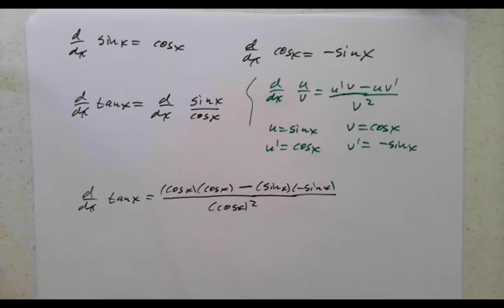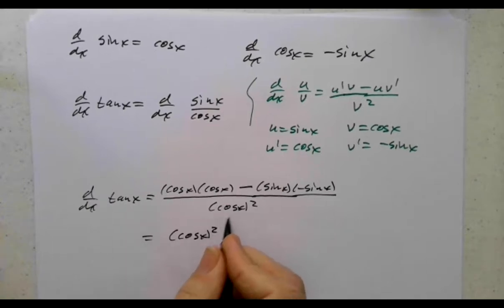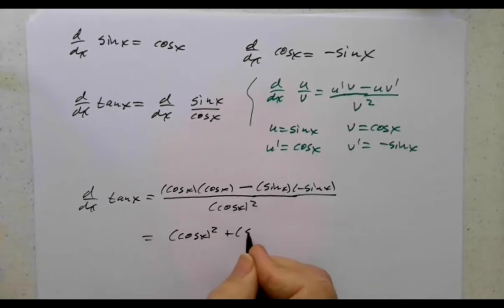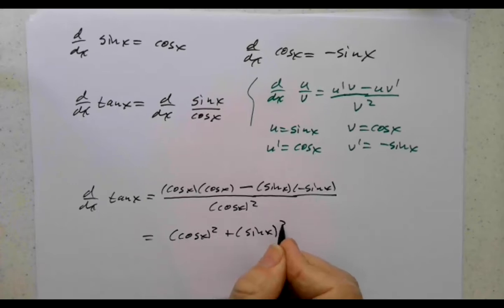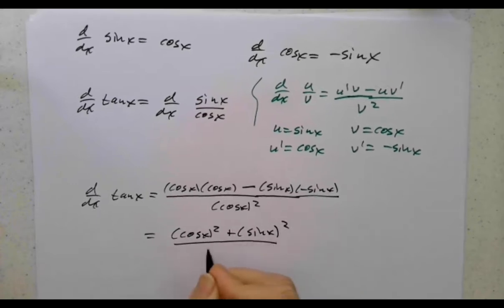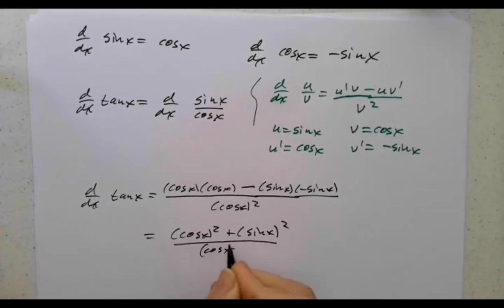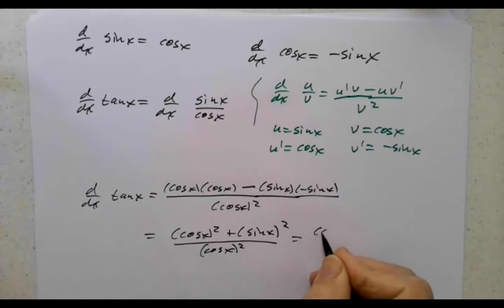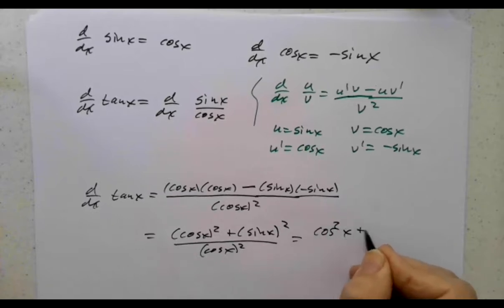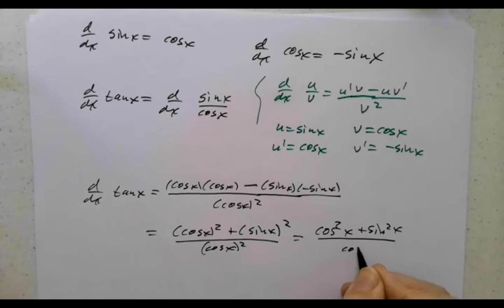which is what? What do we get here? Cos x times cos x is cos squared x, minus a negative, plus sine x squared, all over cos x squared, which of course is the same as cos squared x plus sine squared x over cos squared x.